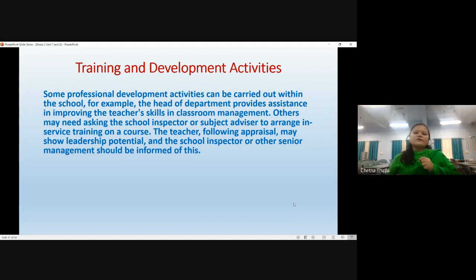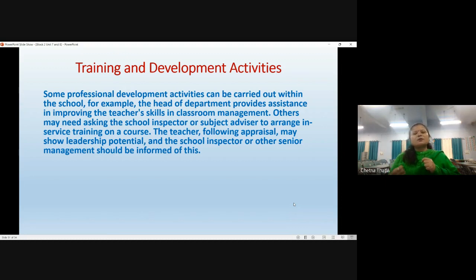And the teacher, after following the appraisal, should show leadership potential. Whatever changes you have seen after the developmental and training activities should be communicated to the senior management.